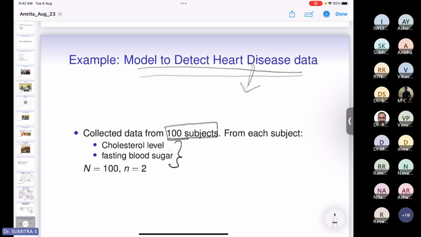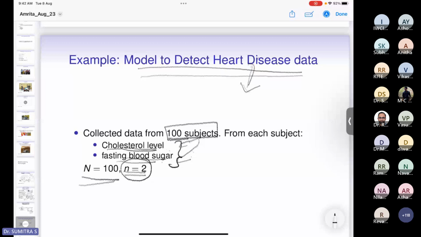From each person we collect two symptoms: cholesterol level and fasting blood sugar. So the number of data points N is 100, and small n equals 2, because from each subject we collected two attributes or features.